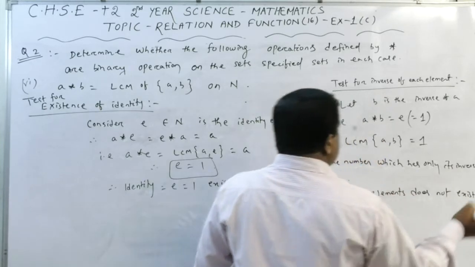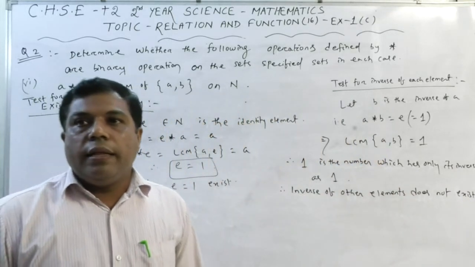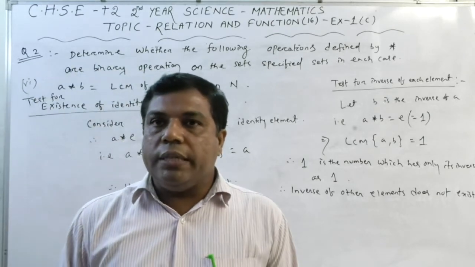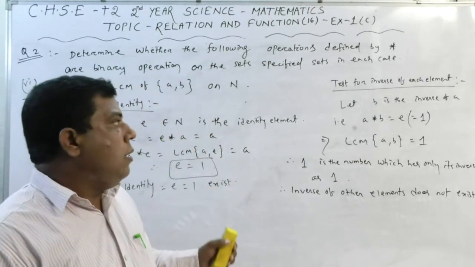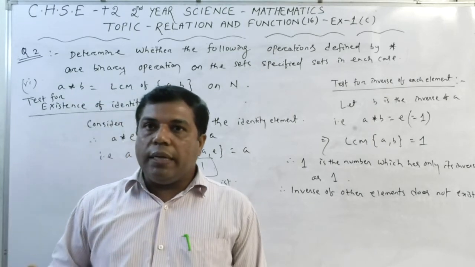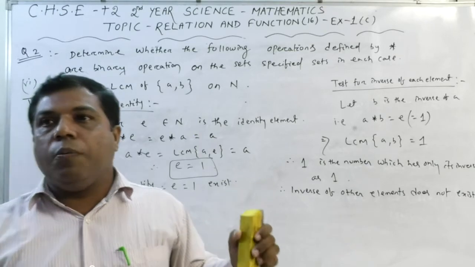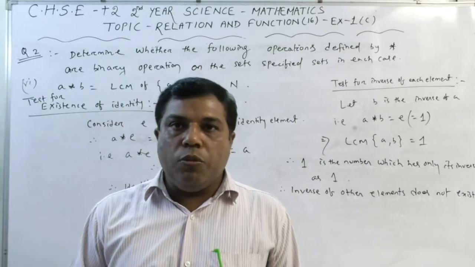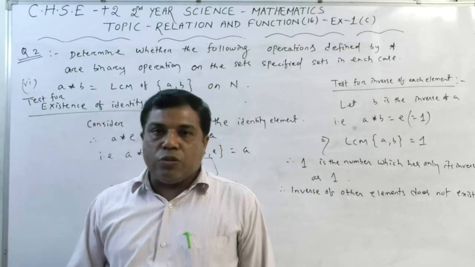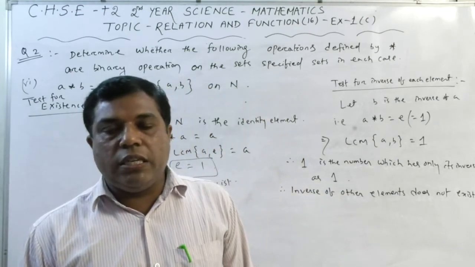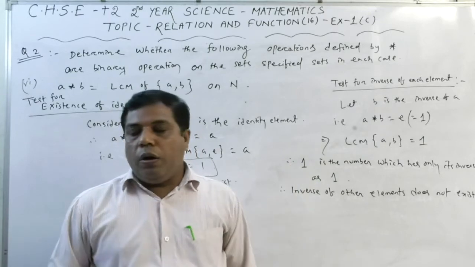Okay, so my dear students, this is the way to check all the properties related to a binary operation. That is, whether it is a binary operation or not, and if it is, whether it is commutative or not, associative or not, whether the identity exists or not, and whether the inverse exists or not.